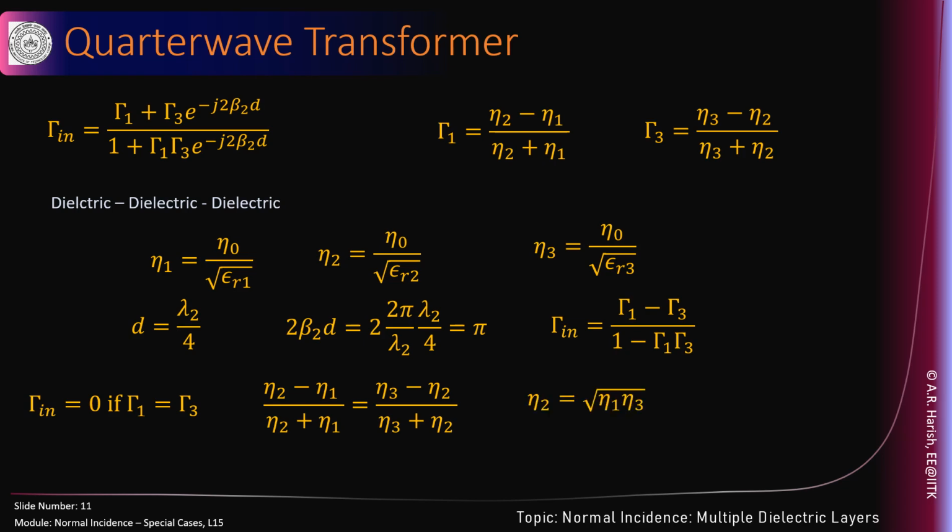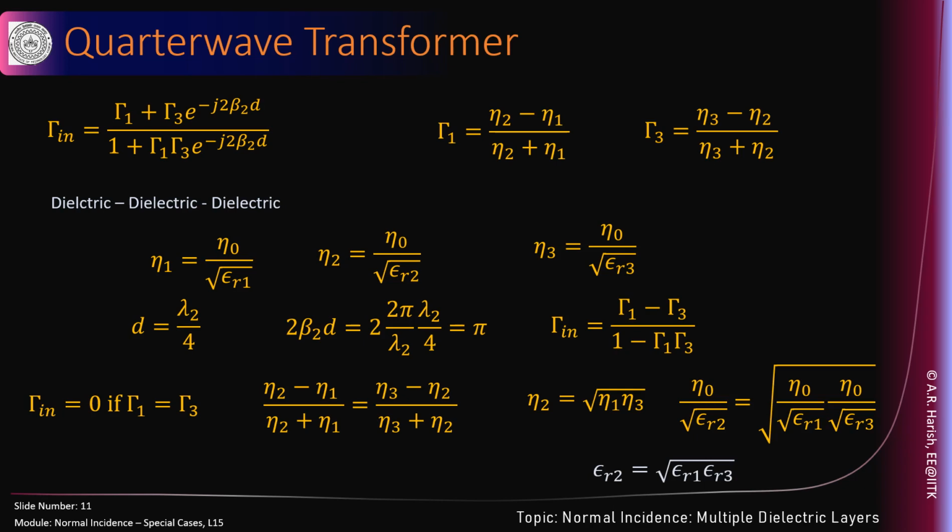It doesn't take a million computations to show that this results in eta 2 equal to square root of eta 1 eta 3. Now if I substitute the values of eta 1, eta 2, eta 3 into this result and knock off the eta naught common factor, what I have is epsilon R2 equal to square root of epsilon R1 times epsilon R3.